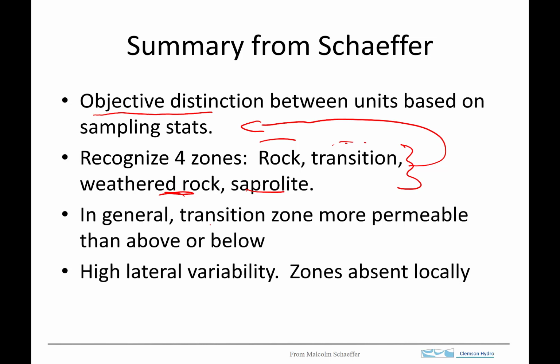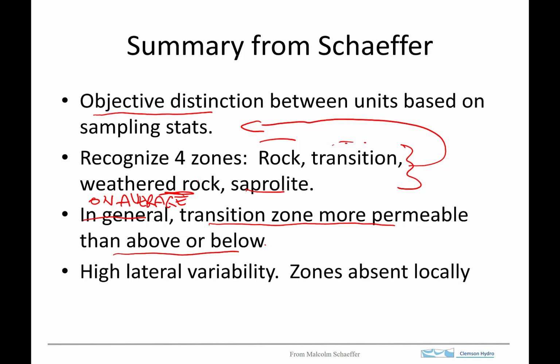And in general, the transition zone is more permeable than above or below. Statistically, it was about half the sites that could show that it was statistically different. The others were less definitive. So rather than saying in general, I would say on average. And we saw that average plot.